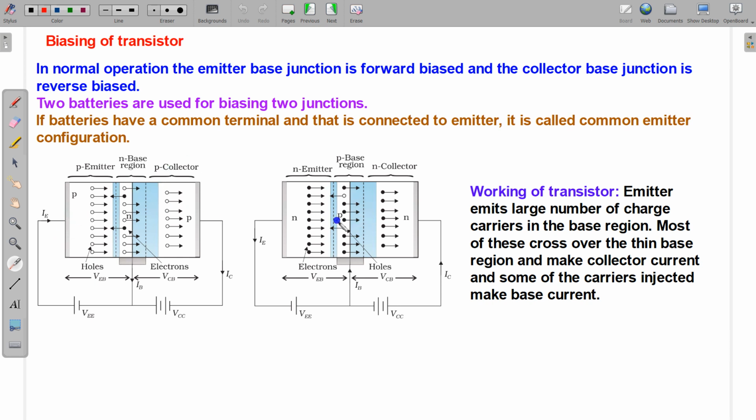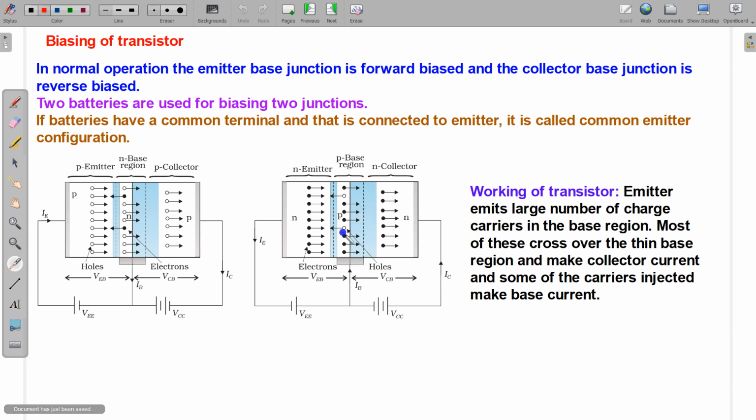Similar things go on in the NPN transistor, but in this the majority carriers are electrons. Due to this kind of biasing, for forward biasing, this would be connected with the negative terminal, and these electrons are pushed by the forward biasing and collected by the collector. We have done reverse biasing, and the positive terminal will pull most of these electrons into the collector region.